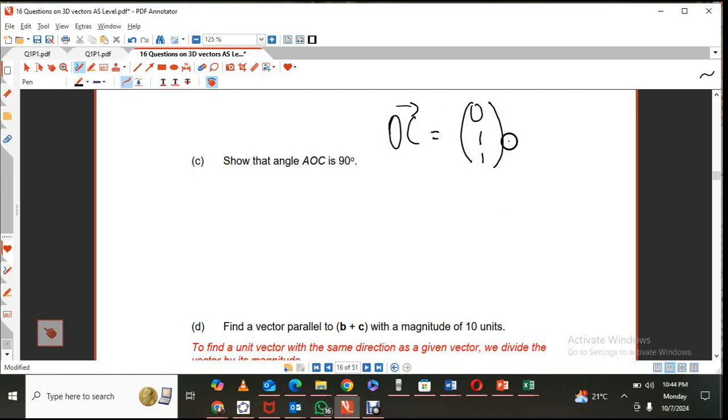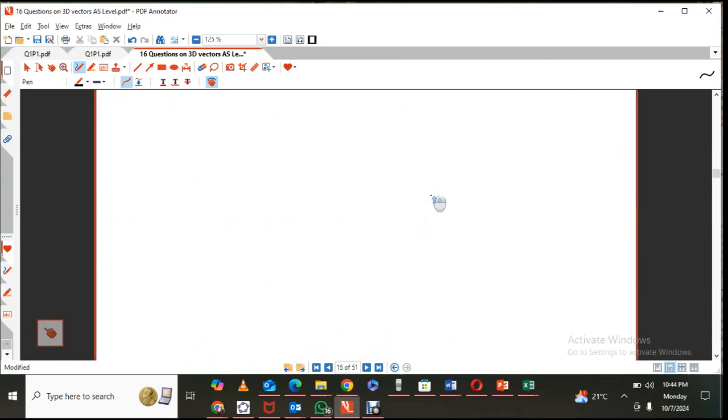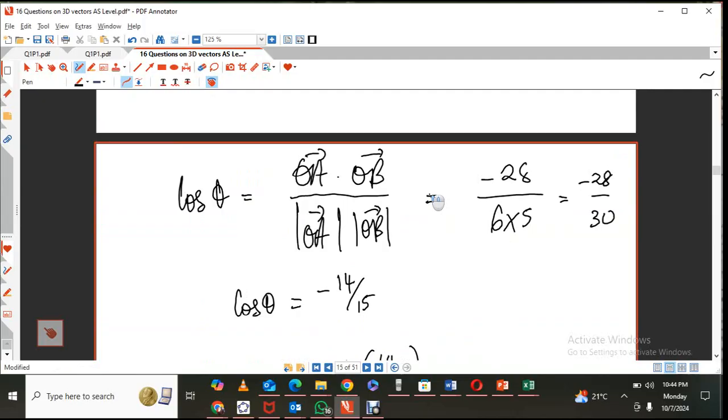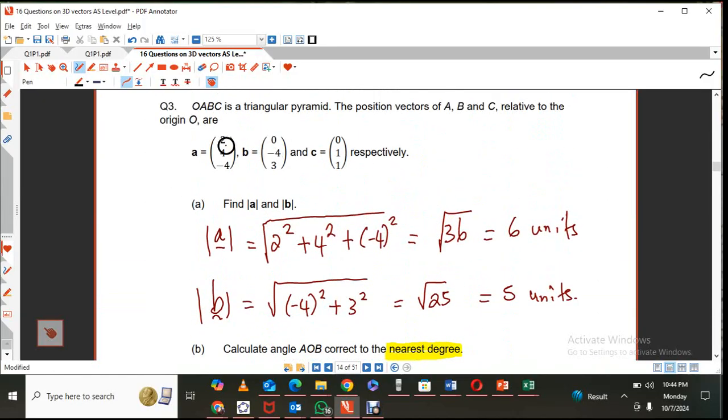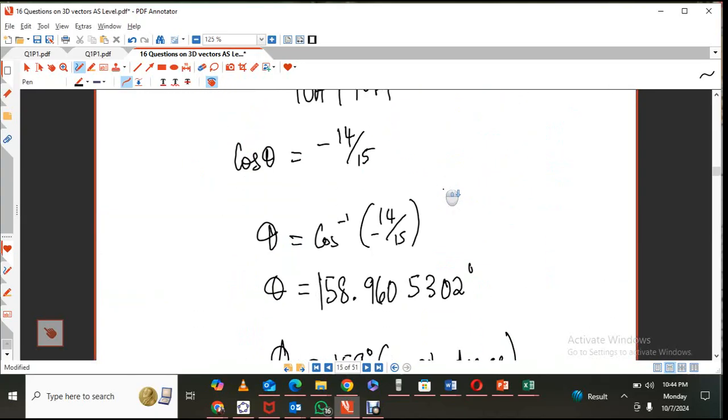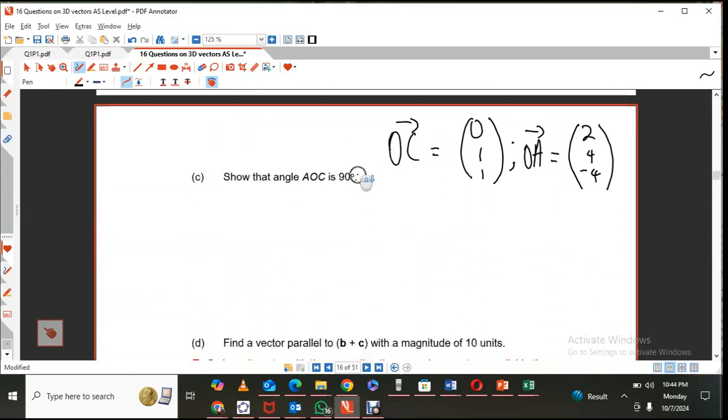I also know that vector OA has 2, 4, as well as -4. Let's just go back and make sure that we have everything: 2, 4, -4 and 0, 1, 1. Good. Now we can actually prove something.